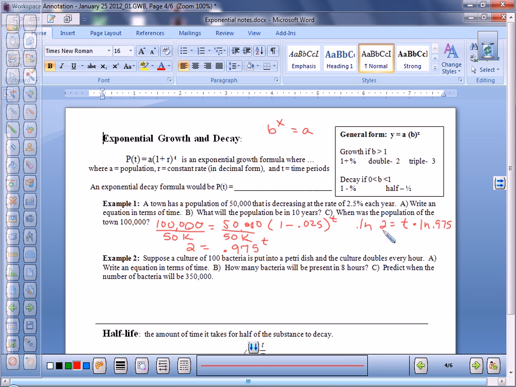So we do natural log of 2 divided by natural log of 0.975. And we get approximately, did you get negative 27.38 is approximately equal to t?